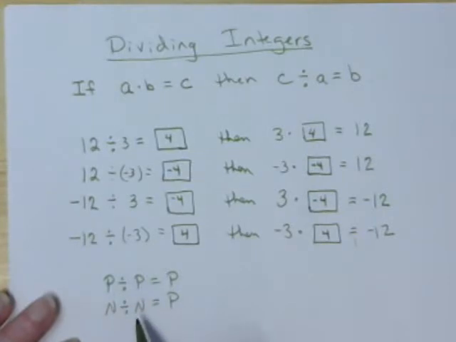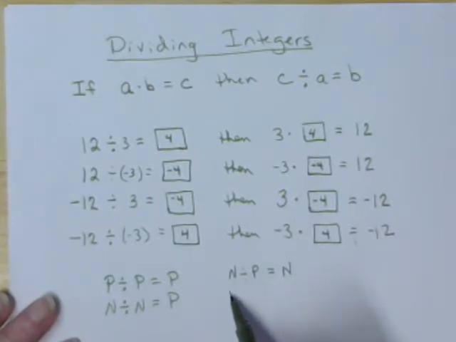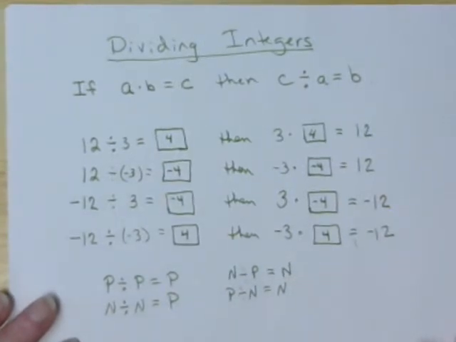So if the signs are the same, we get a positive result. And if we have a negative divided by a positive, that gives us a negative result, and if we have a positive divided by a negative, we get a negative result. So if the signs are different, we get a negative quotient.